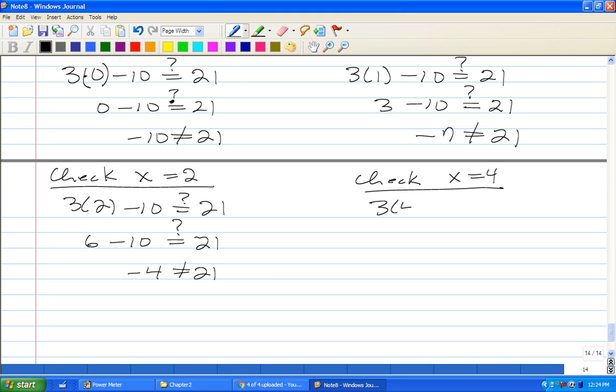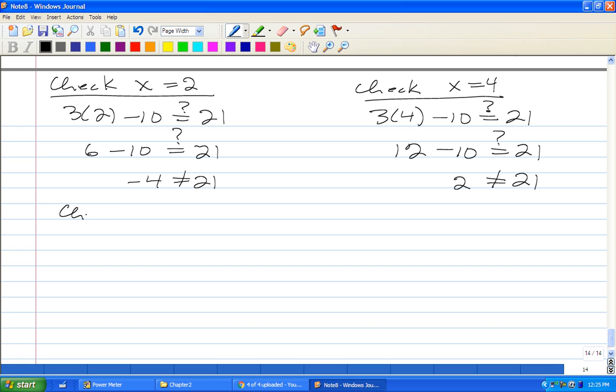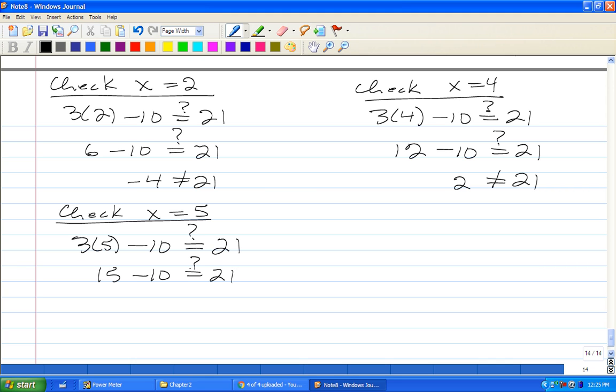Is 3 times 4 minus 10 equal to 21? Is 12 minus 10 21? Well, no, 2 is not equal to 21. And lastly, let's check if x is equal to 5. If x equaling 5 is a solution, 3 times 5 minus 10, is that equal to 21? Is 15 minus 10 equal to 21? Well, no. 5 is not equal to 21.